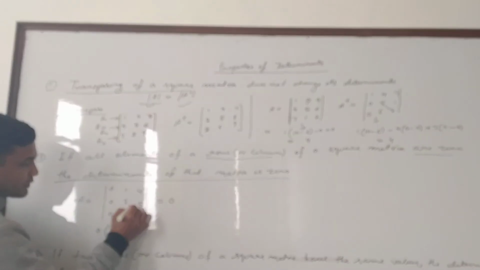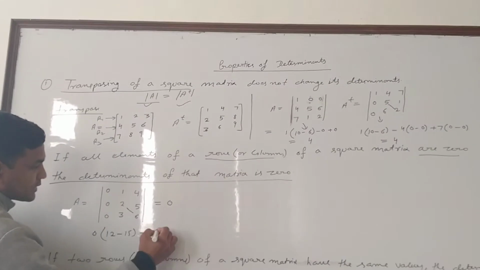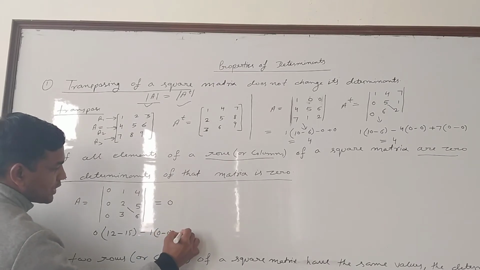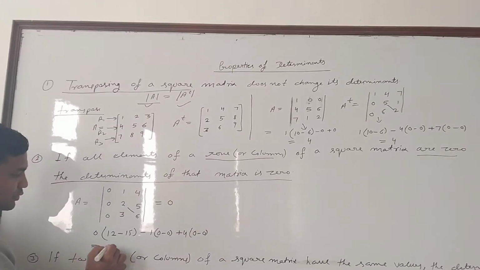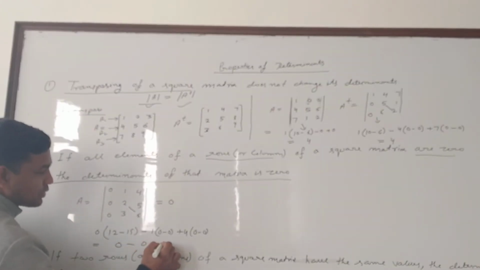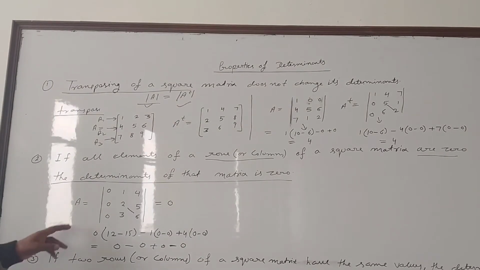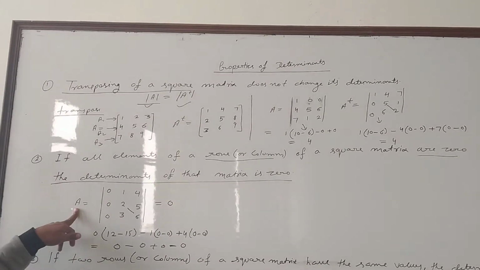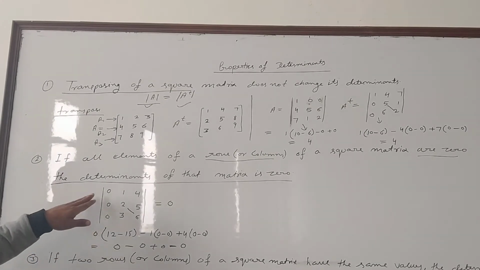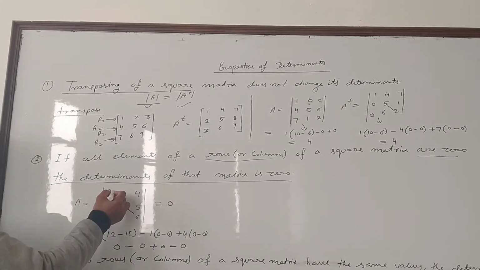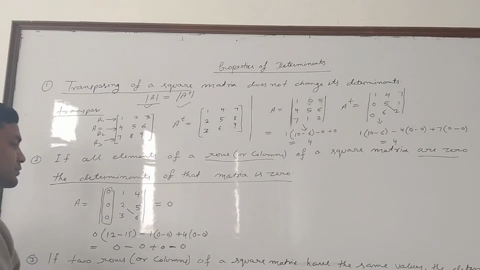This is 12 minus 15 and minus 1. This is the 0 minus 0 plus 4. This is the 0 minus 0. Then it is equal to 0, this part is 0, this is 0 and this is 0. The answer is 0. So for a square matrix in which all the entries of any one column are 0, the determinant is always equal to 0.